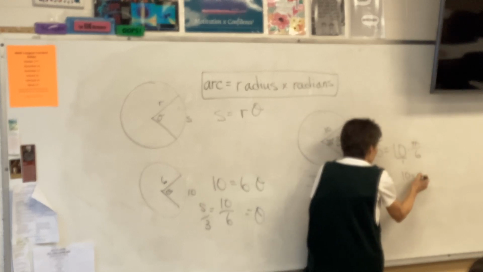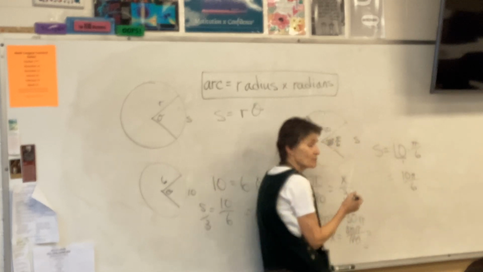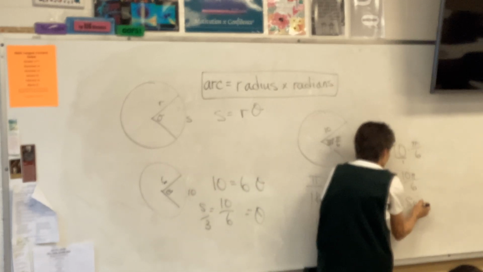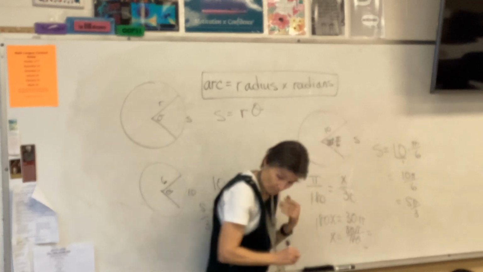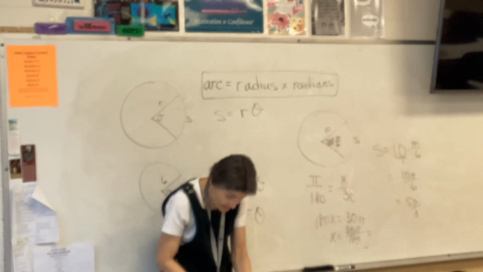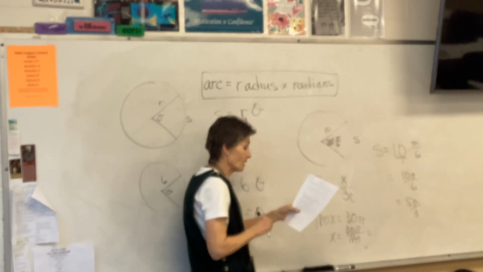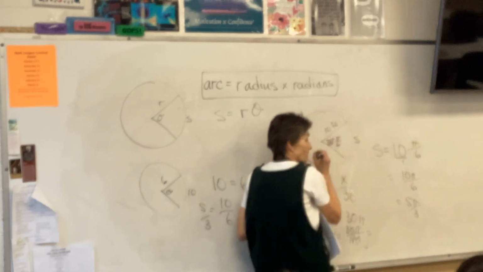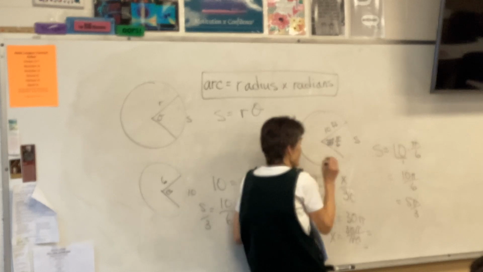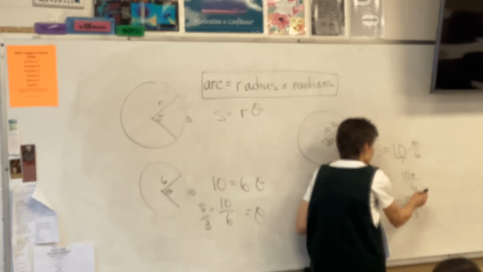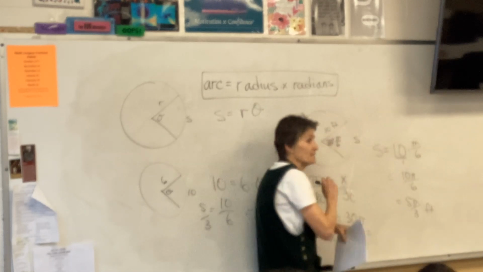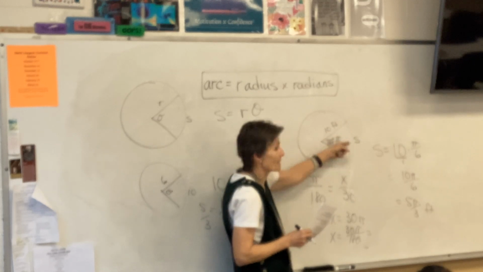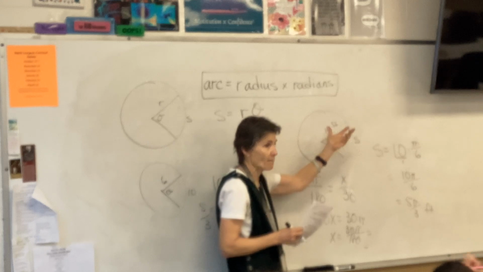So we get 10 pi over 6, which reduces to 5 pi over 3. Now, in this problem, the radius was 10 feet. So the arc length will be 5 pi over 3 feet. That is a unit of length, and so is this a unit of length, and they're always going to match.